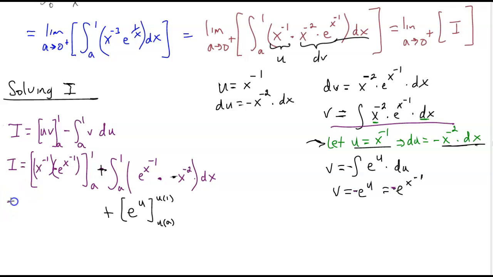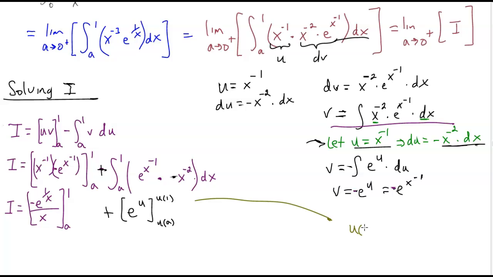All right, so for the rest of this, I'm just going to copy it down. So this will be a negative e raised to the 1 over x, and we'll evaluate that from a to 1 plus what we got going on here. Now I'm going to do this in a different color.